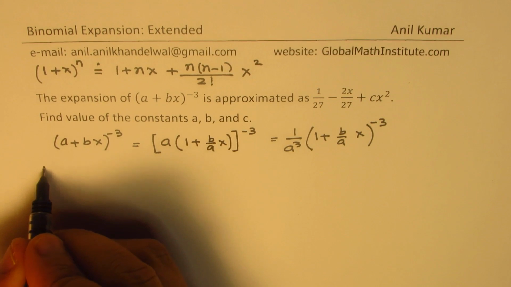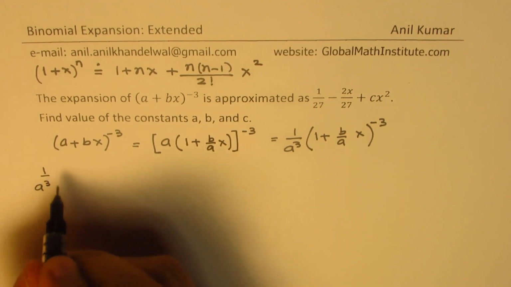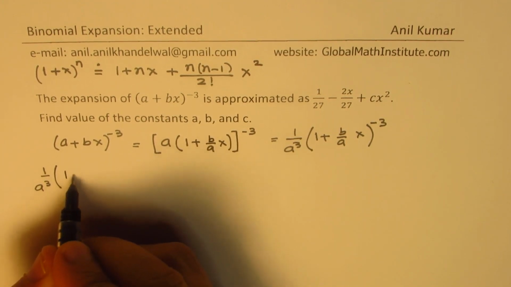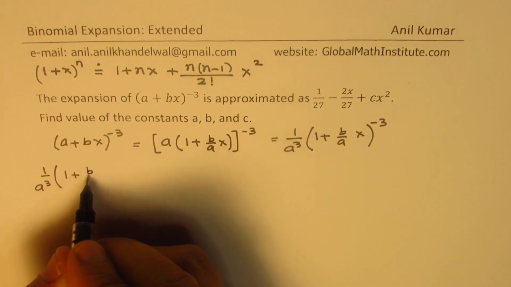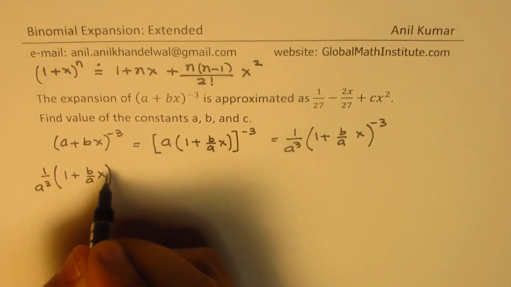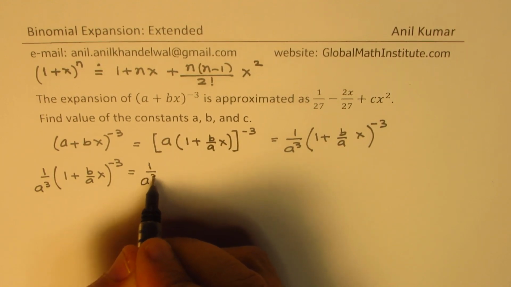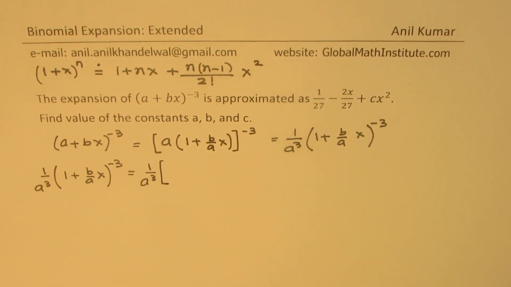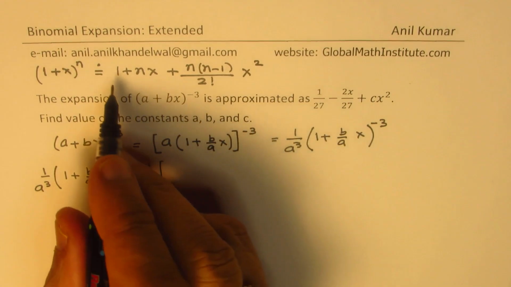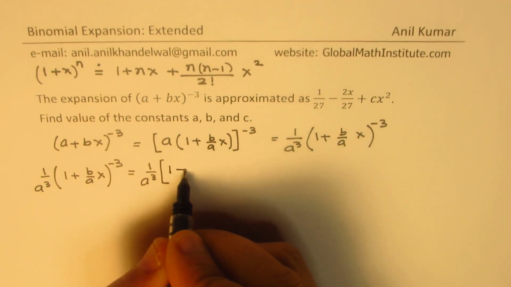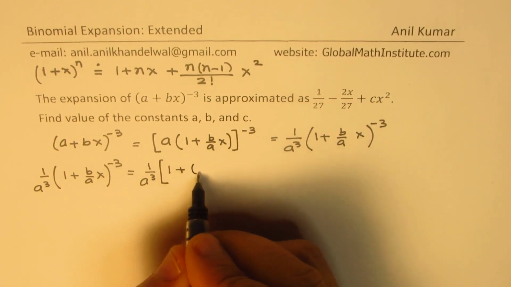So what we have here is 1 over a cube times (1 + (b/a)x) to the power of minus 3. So if I expand, I get 1 over a cube. Let me put square brackets here. Expansion of this will be 1 plus nx. So n is minus 3, right?